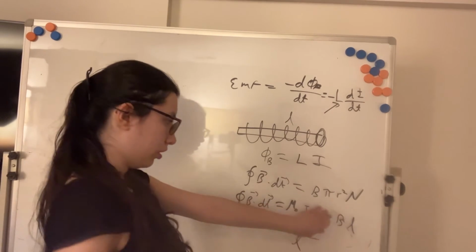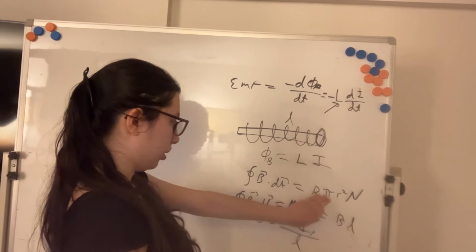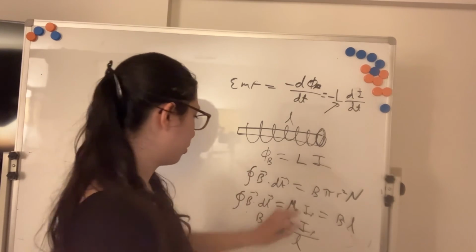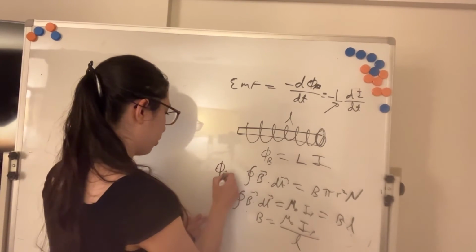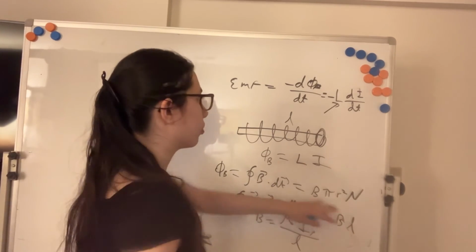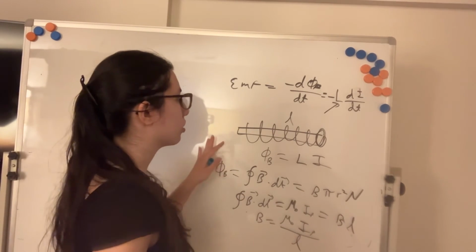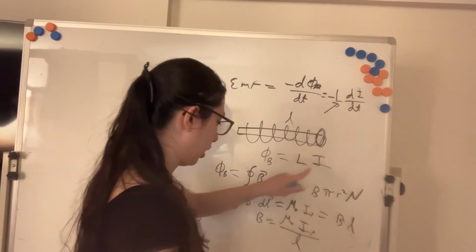And we also have this, that the flux, this is the magnetic flux, is equal to this, but we also have that the magnetic flux is equal to L i.